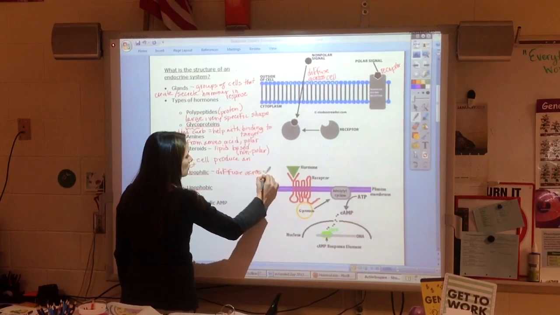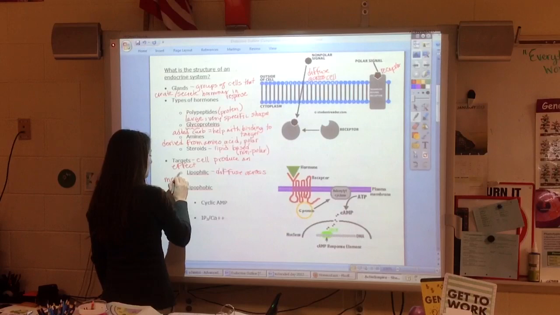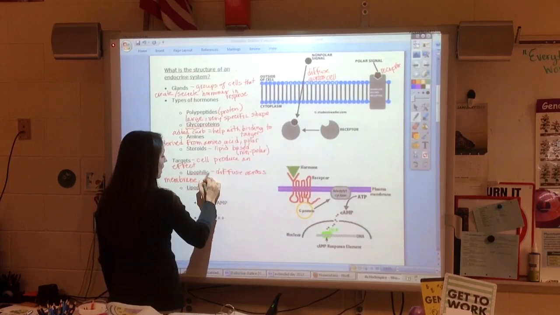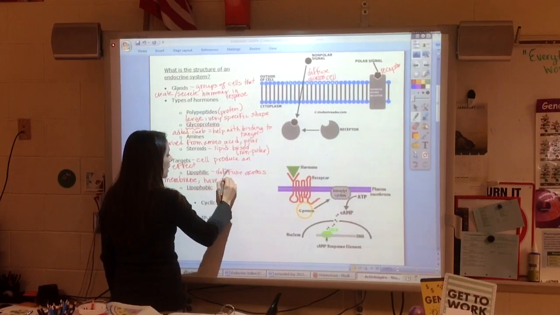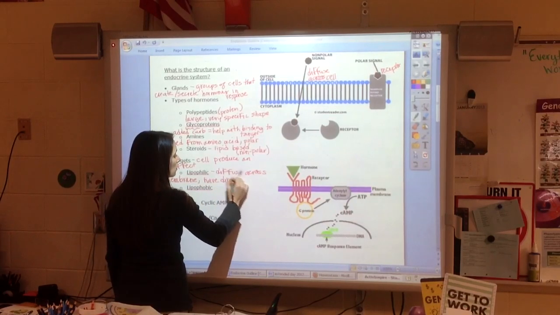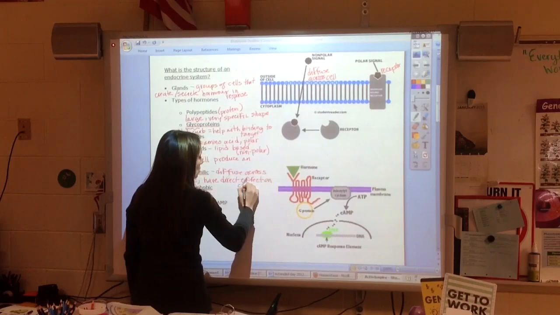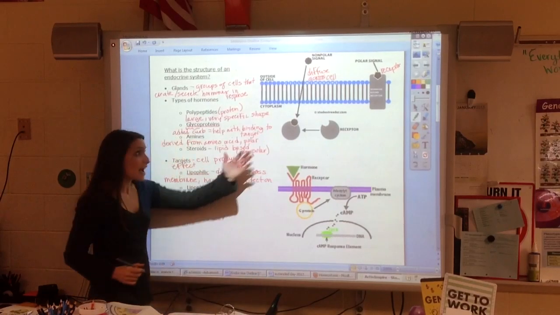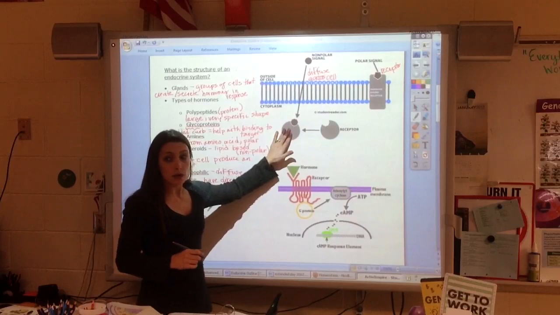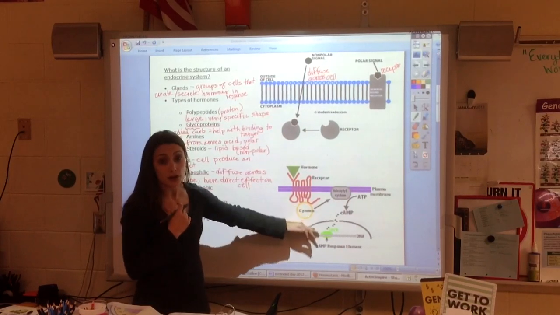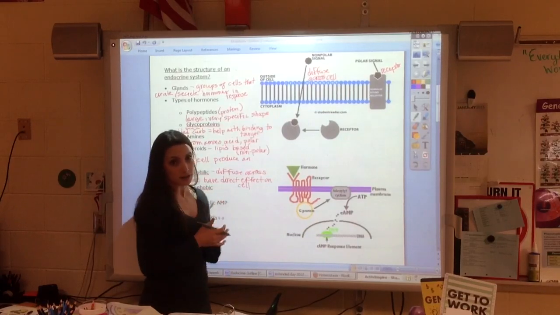The advantage of this is that the molecule can have a direct effect on the cell. It can activate a molecule on the inside. It can bind to another molecule and turn it off. It can have a direct effect.